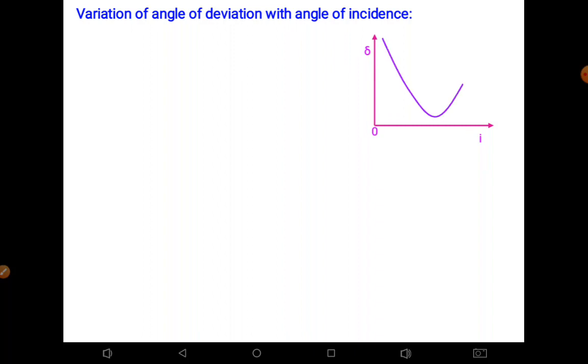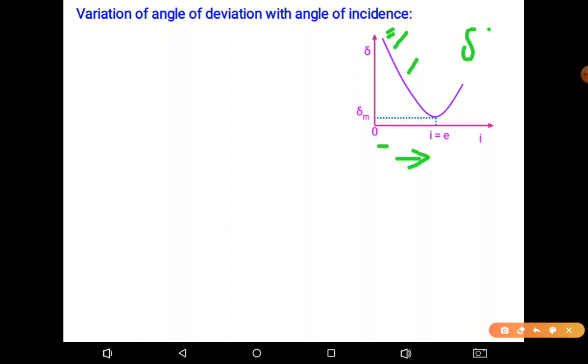If we look at the graph carefully, for a small value of angle of incidence, the angle of deviation is very high, and as the angle of incidence increases, the angle of deviation decreases, until at a particular condition the angle of deviation becomes the angle of minimum deviation. Delta m is used for angle of minimum deviation.